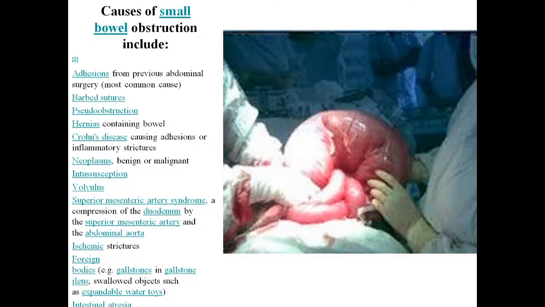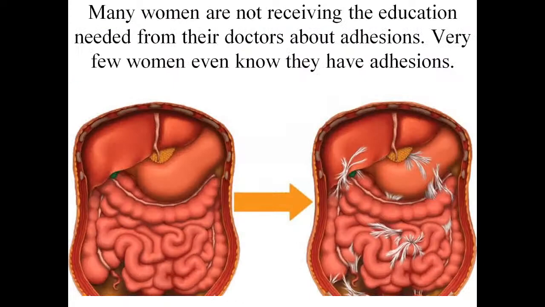Now I can show you the next slide. Adhesion from abdominal surgery is the most common cause, and the next cause is also adhesion: when a woman has a pregnancy, adhesions develop after pregnancy.